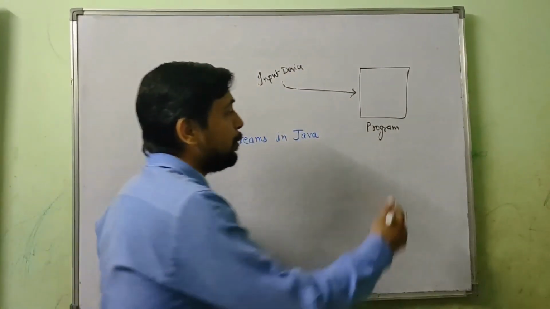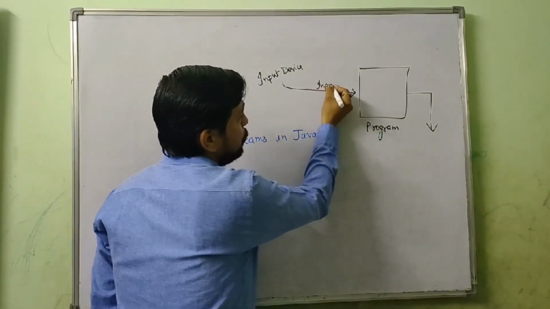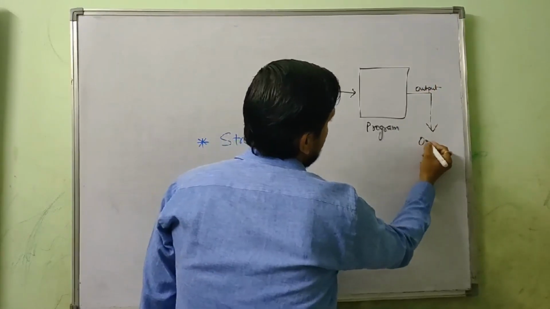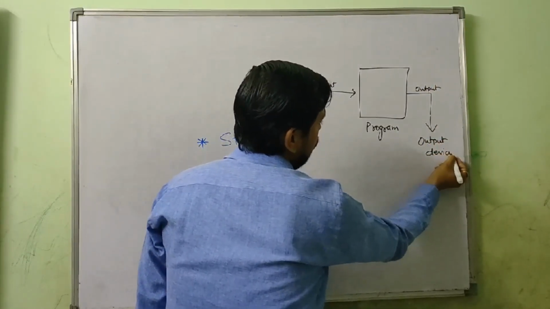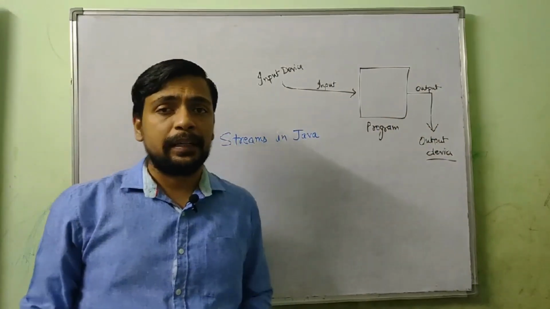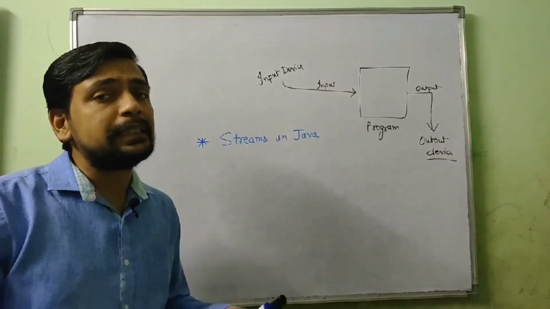Similarly, this program will show output, and to show output we need the help of an output device. It depends on the program what sort of input it is dealing with and what sort of output it is giving. So according to the type of input and output, we decide the input and output device.